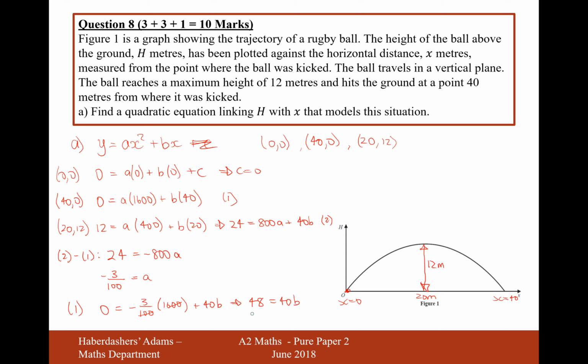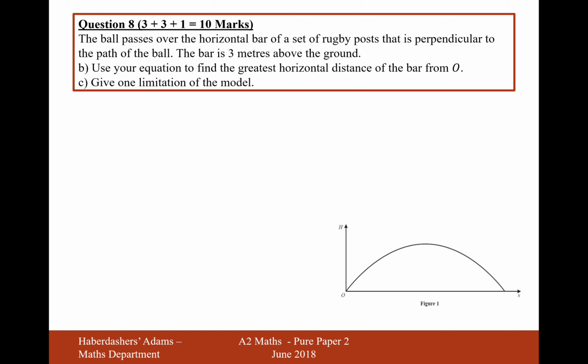Divide by 40, and the simplified fraction is 6 over 5, so b equals 6 over 5. Therefore the quadratic is y equals minus 3 over 100 x squared plus 6 over 5 x. Lovely, so that's the answer to part a.